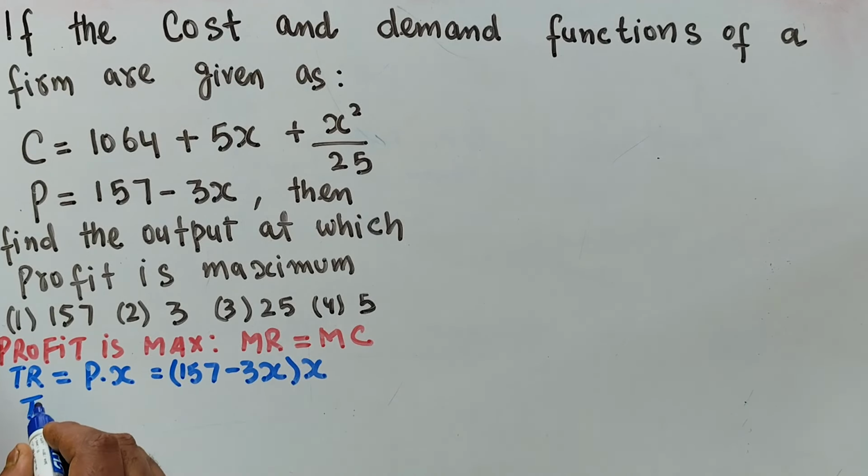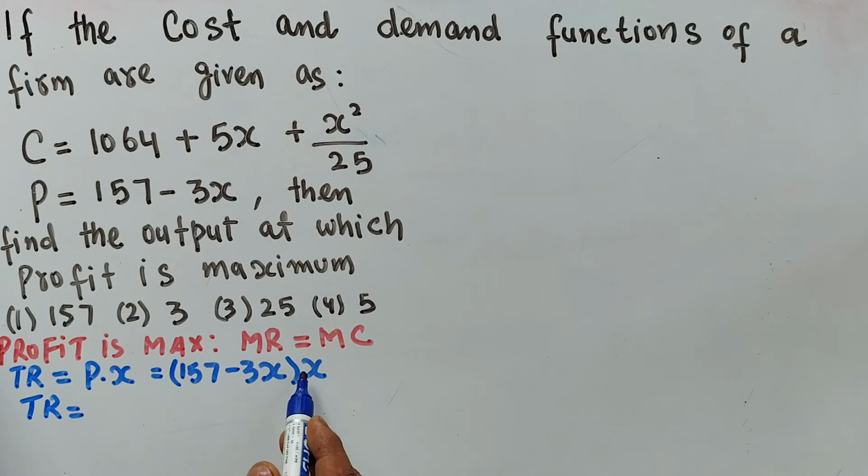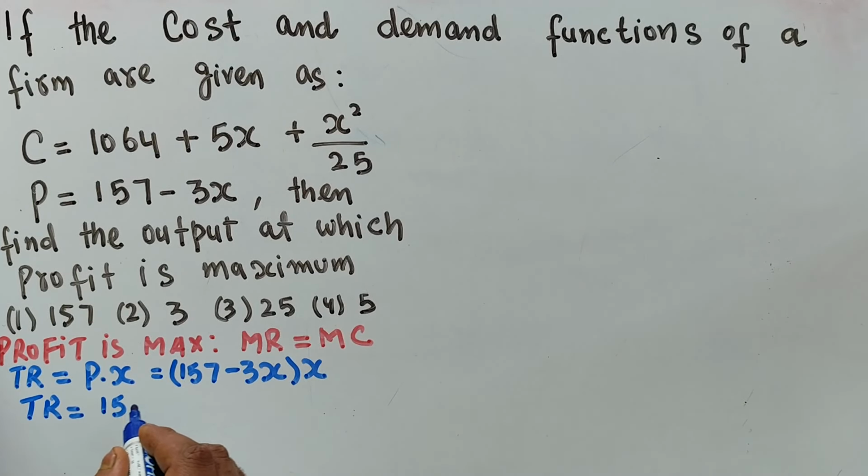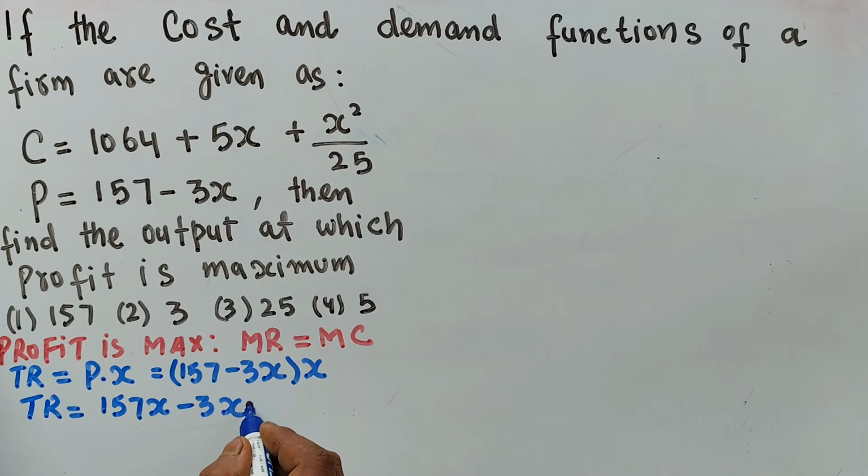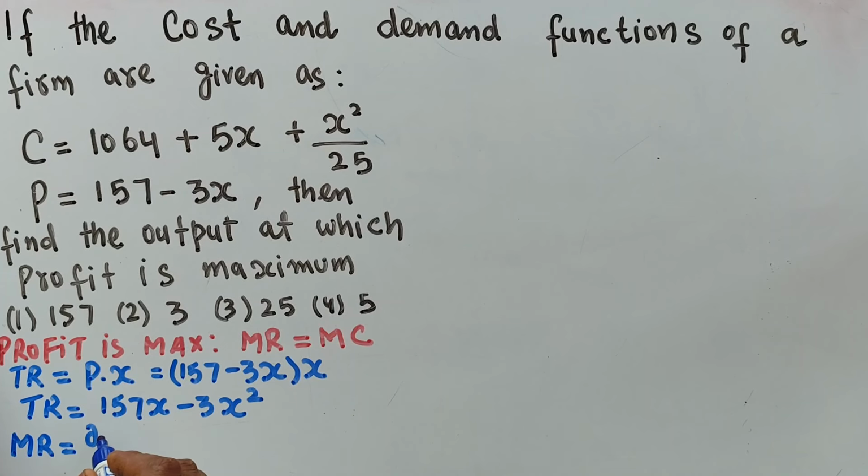That gives us total revenue, so x is multiplied to each of these terms, so we have 157x minus 3x square. This is our total revenue function. Now what about the marginal revenue? We know that marginal revenue is simply equal to the change in the total revenue due to the change in the output, that is dx.